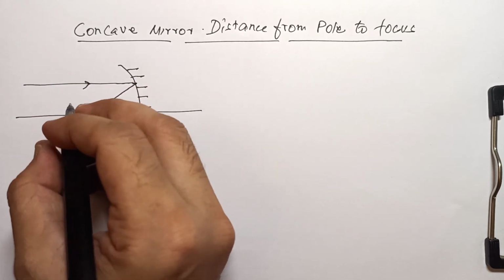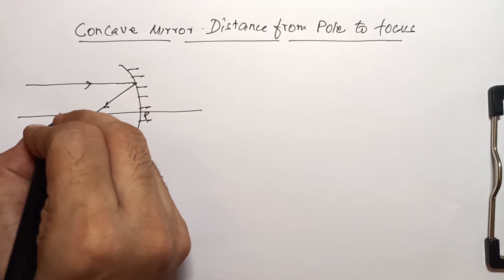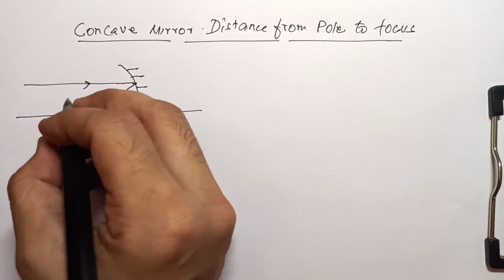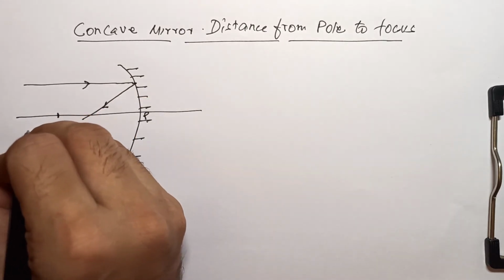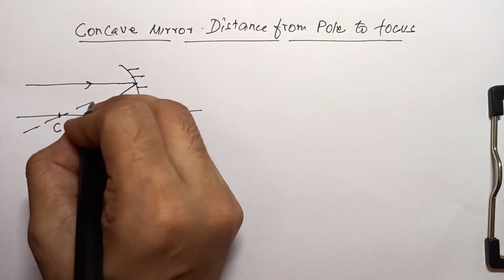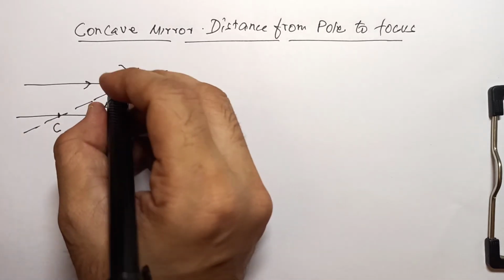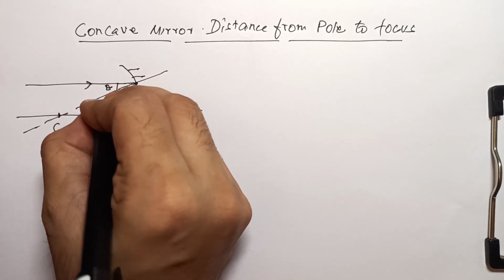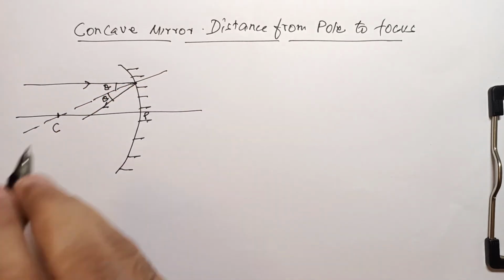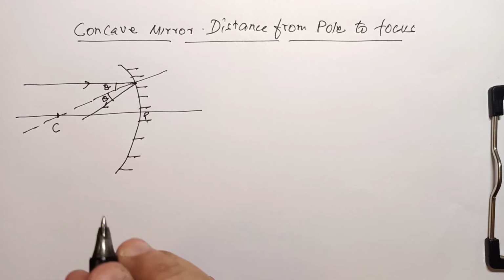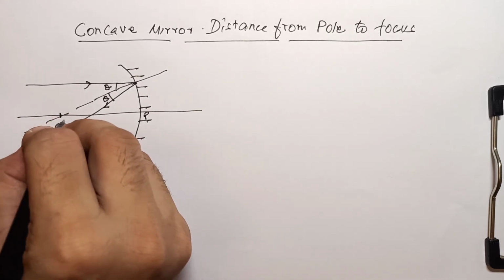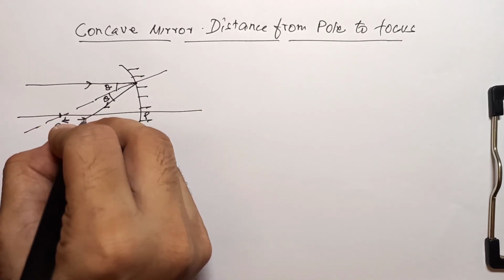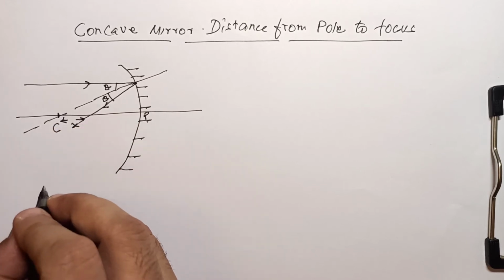Let's say this is the center of curvature, and this is the normal. This angle and this angle would remain the same, because angle of incidence is equal to angle of reflection.